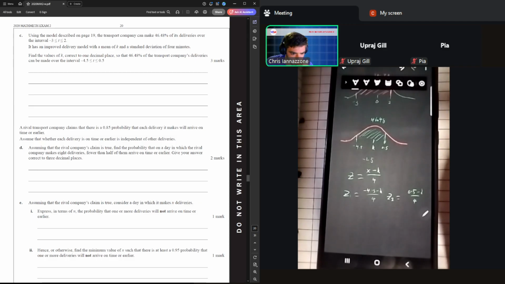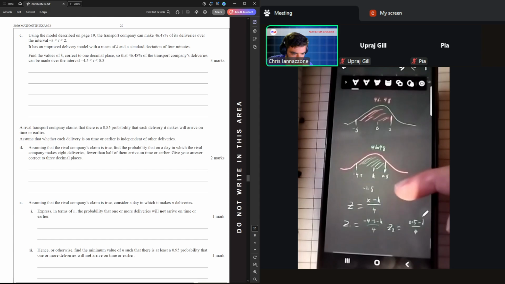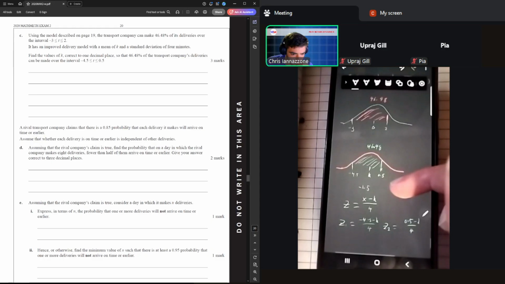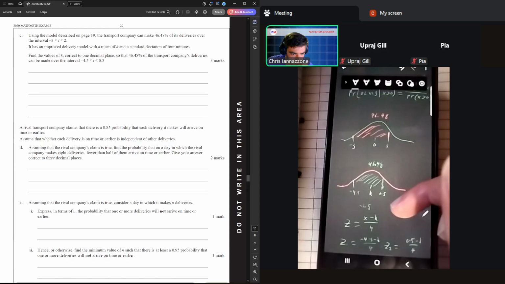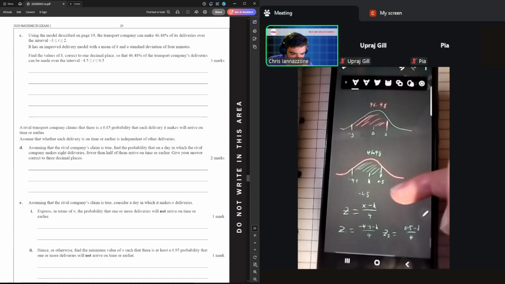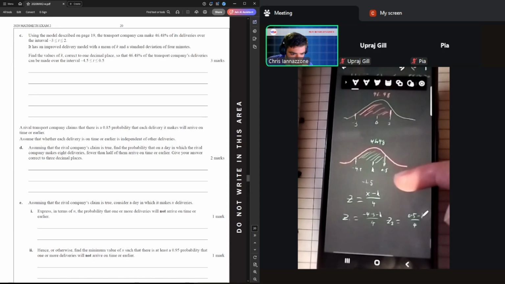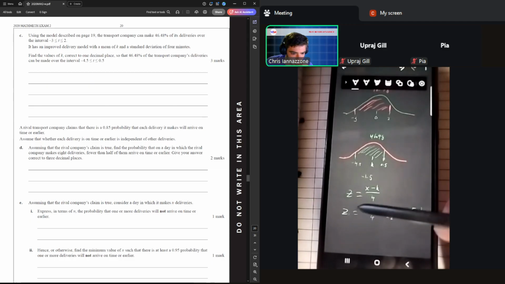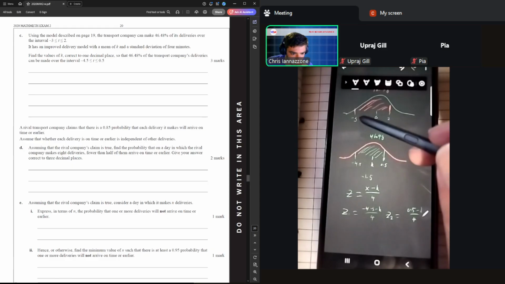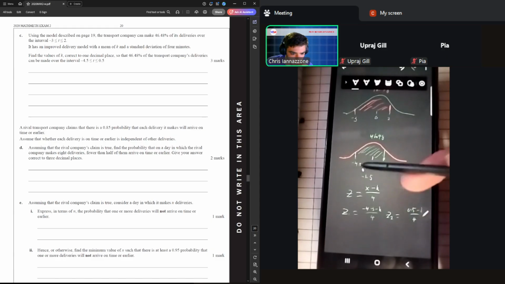Well, I guess Z is directly tied to standard deviation. Like, for instance, if this was -4, then that would just mean Z equals -1.